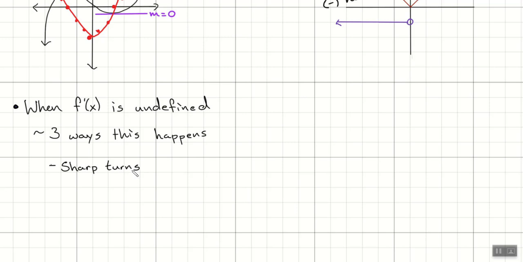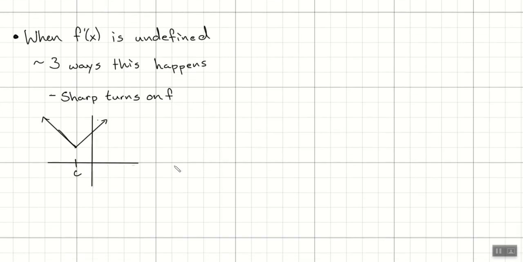At a sharp turn on the graph of f, this derivative does not exist. And I'm going to sketch essentially the same picture. At this point right here, f prime is undefined. I'm just going to call this c. When we get a sharp turn, whether it's 1 or 2 or 3, doesn't matter. We're going to say f prime of c is undefined.